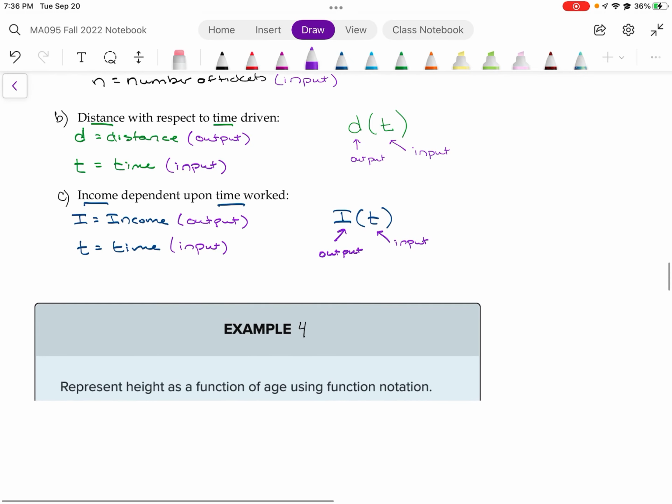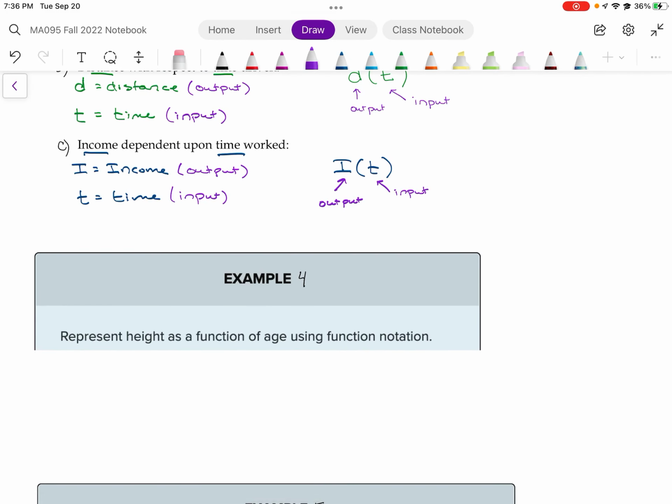All right, so try this one. Represent height as a function of age using function notation. All right, so let's rewrite this in English. Height is a function of age. All right, so let's change height to h.